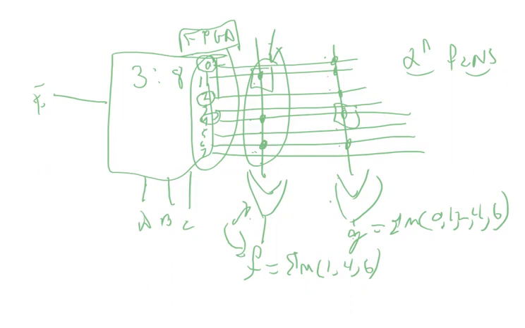And you use those product terms in order to create functions. So if this is M7, the product term is going to be ABC. If this is M6, then the product term is going to be ABC prime. Get it? Does it make sense? Am I making any sense?